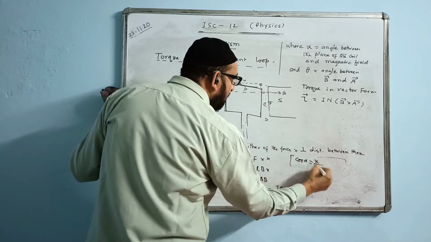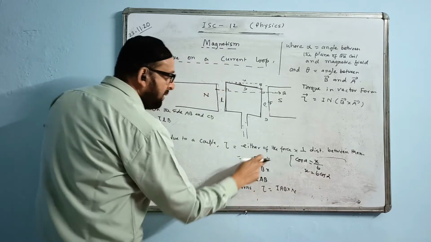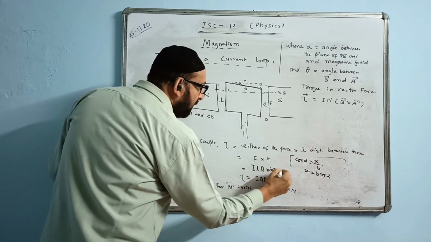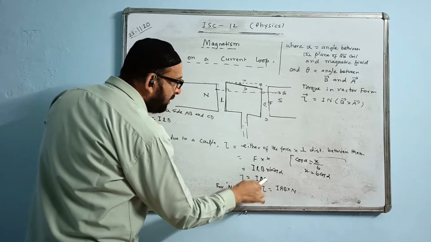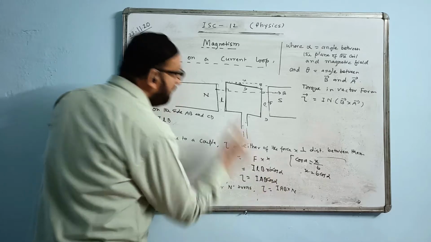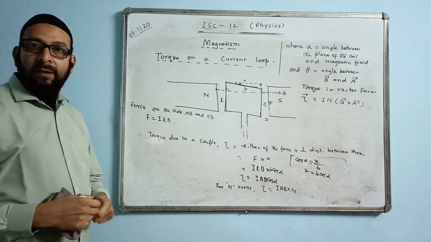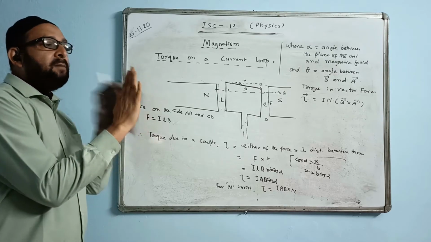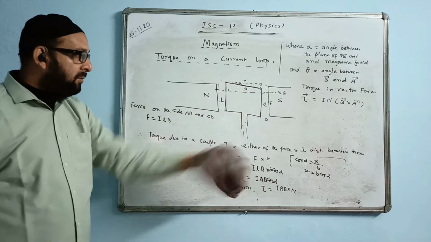Base is X and hypotenuse is B. Therefore, the X value will become B cos alpha. Instead of X, I am writing B cos alpha. So the length remains A, B remains, and this becomes cos alpha. This is the reason why the answer comes in terms of cos alpha. Because when the breadth is making a different angle, you have to take a component of B, which becomes cos alpha here.